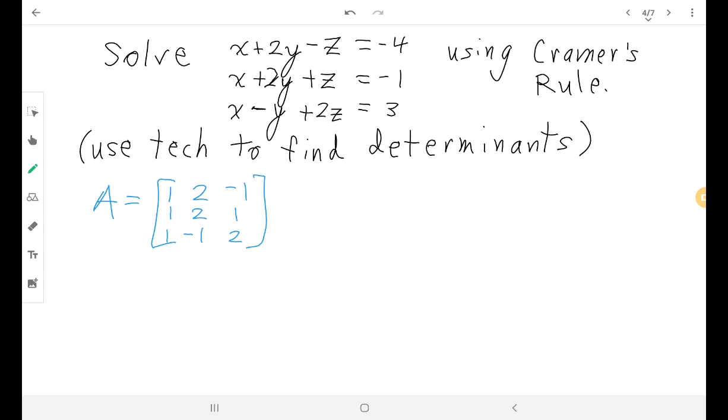By the way, I noticed in the lesson that Edgenuity has that one is actually written as 2x, but they mean for it to be 2y. So just a little note there. Then you still need an A sub x, where you replace the x column with the answers, and then copy the other columns.